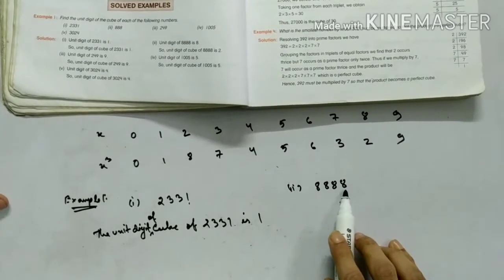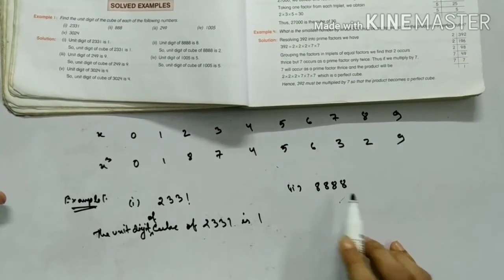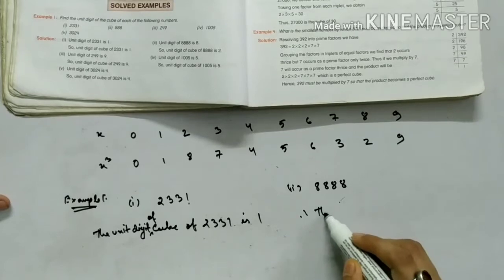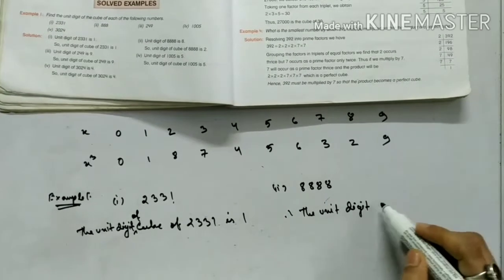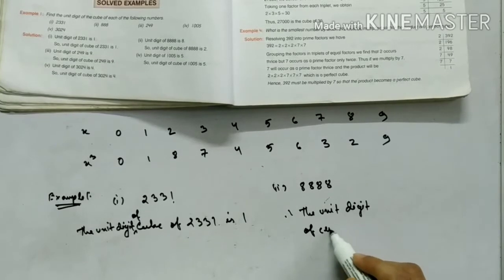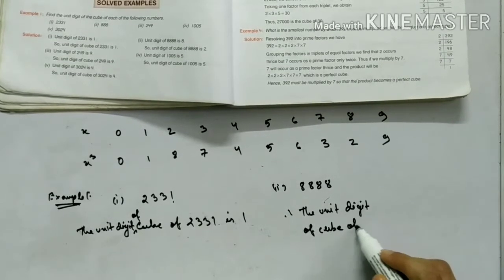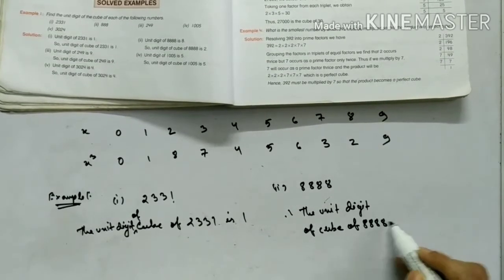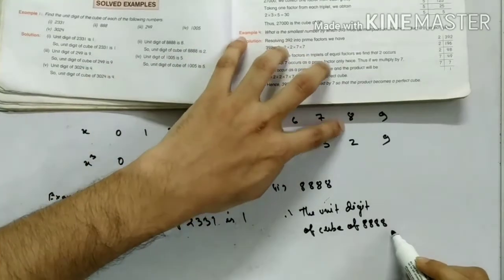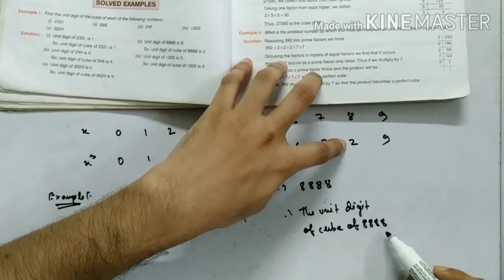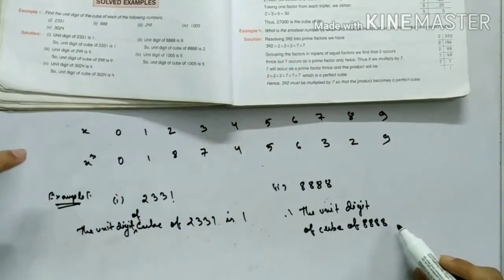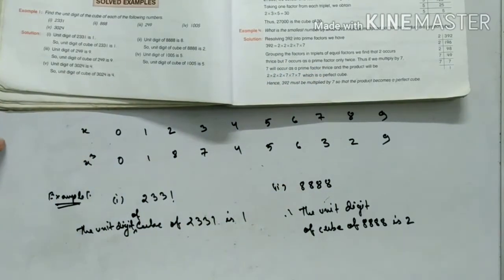The last digit of this number is 8. So the unit digit of the cube of 8888, if the last digit is 8, then the unit digit of its cube will end with 2. Understand? So the unit digit of the cube of this is 2.